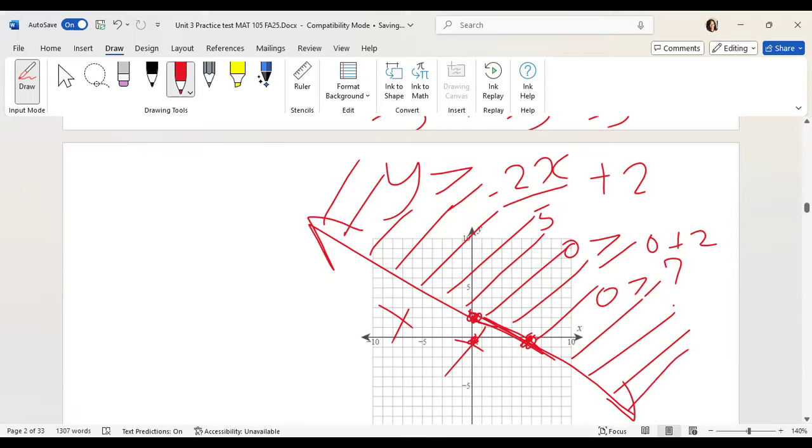I just shade the solution region. The solution region is the half plane, and the solid line is included. Every point on the solid line is included. I hope this is clear.